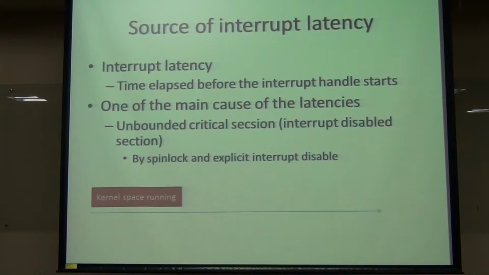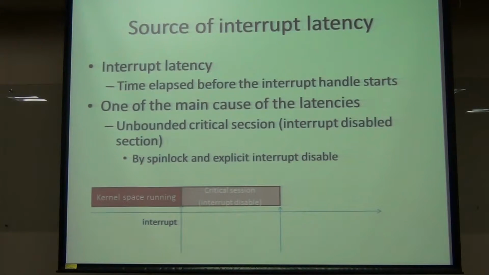All right. So what are the sources of this interrupt latency? Say some process or module is running in kernel space, and then an interrupt comes, and at that point in time your interrupt is disabled because it's a critical section where you want to disable interrupts to handle certain shared values or shared data structures.